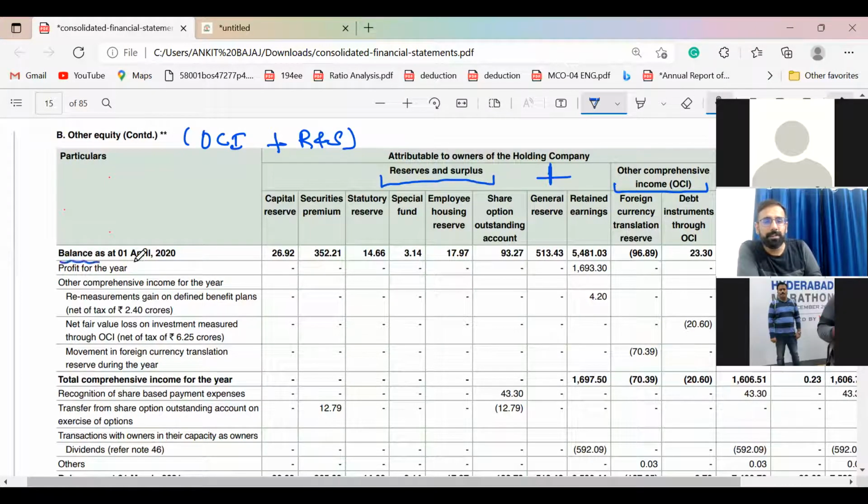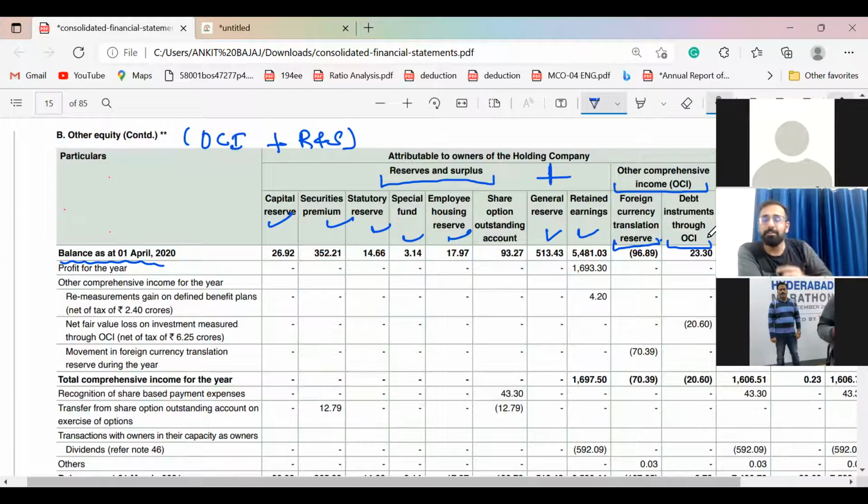So opening balance of capital reserve, security premium, statutory reserve, we have seen these line items are given in old reserve and surplus account also, right? Then special fund, employee housing reserve, these all items belong to reserve and surplus, right? And here other comprehensive income is given, right? So you have to assume reserve revaluation gain, because these terms are new for you. To understand these terms, you have to learn few accounting standards, right?